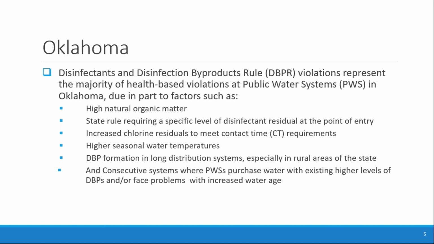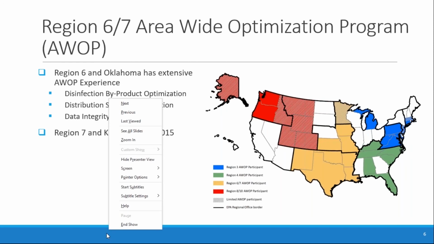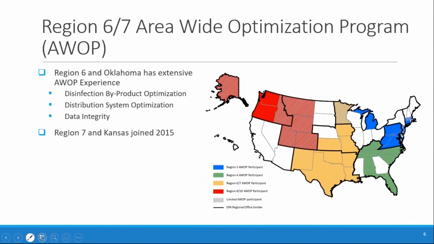So let's go on to the next. We thought, in asking ourselves the question, what can we do about this problem? We're decentralized from the operator. Our offices are in Dallas, and we're not really the people that are turning the chemical feed valves at the chlorine tank. What really can we do? So we have a very mature optimization program in Region 6, and we actually partnered with Region 7.